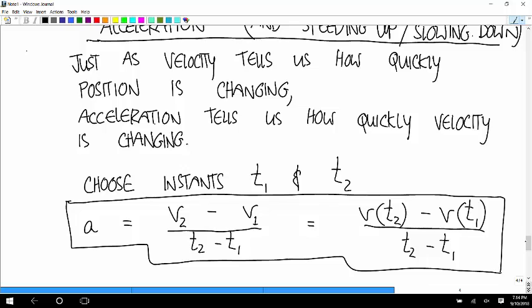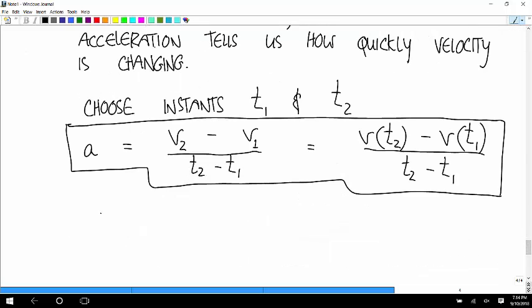Okay, so we won't have to worry about average versus instantaneous acceleration. But that is a thing.